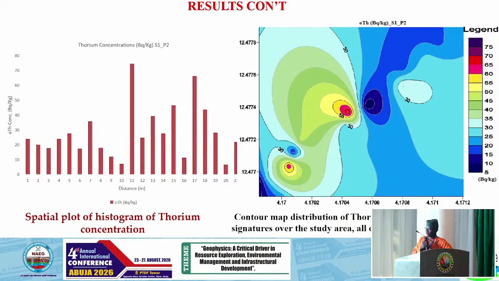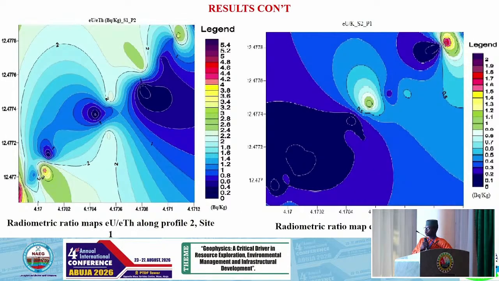We later produce ratio maps of equivalent uranium ratio, equivalent thorium, ratio potassium. Next slide, please. Then equivalent uranium ratio.